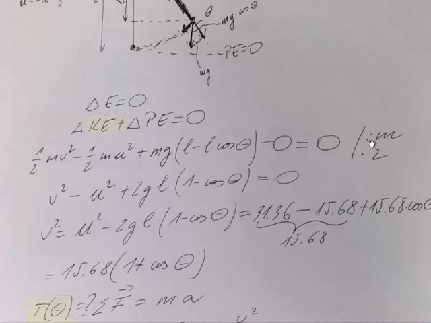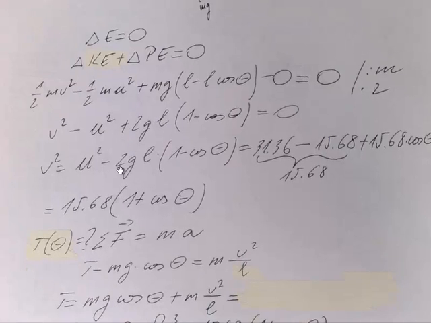Divide by m, multiply by 2, and factor out L. And we get u squared minus this expression, and after substitution we get the statement.